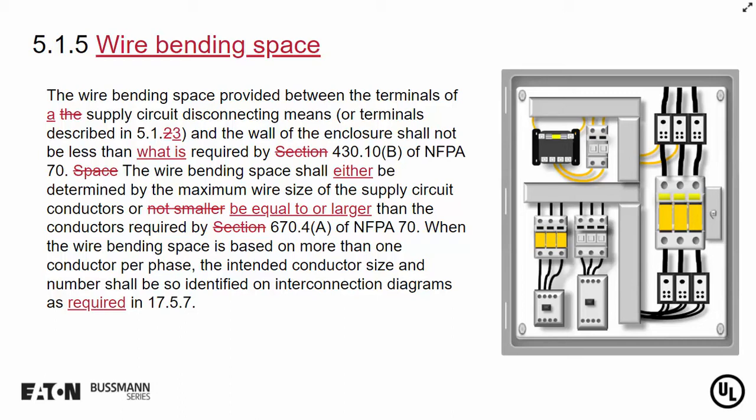And then finally, when the wire bending space is based on more than one conductor per phase, the intended conductor size and the number needs to be identified on the interconnection diagrams. So it's very clear that multiple conductors are able to be used, or in some cases required, for wiring to the machine, and then that would certainly affect the required wire bending space.